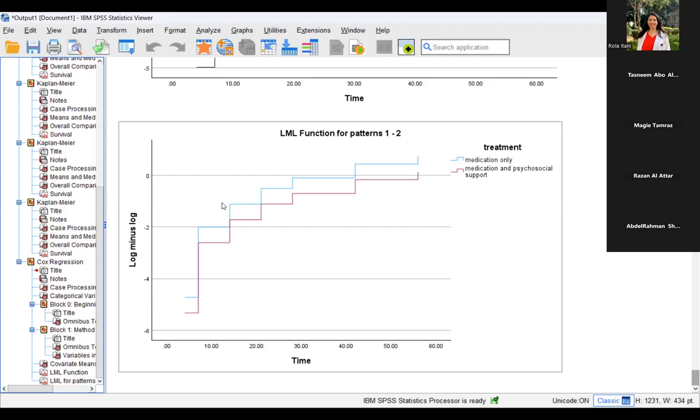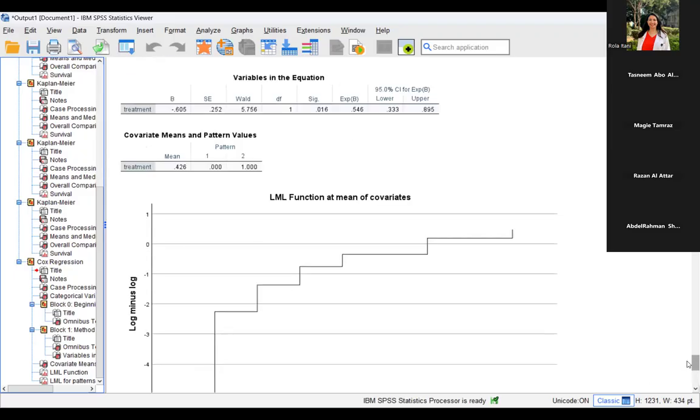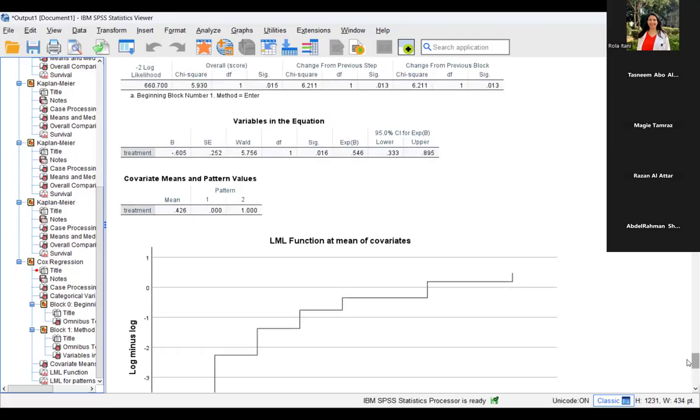We have to account for time. Otherwise, we are okay to use this regression. It's not that we can't use Cox regression, but we have to add a term to the regression, which is treatment times time. Okay, so that's it.